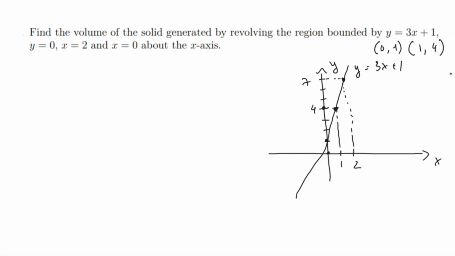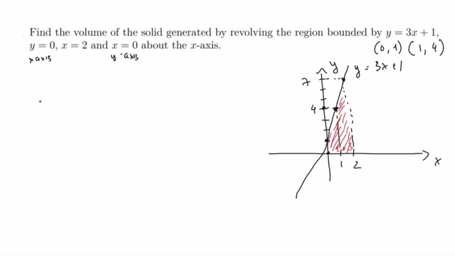So x equals 2 and x equals 0, where x equals 0 is the y-axis, and y equals 0 is the x-axis. So it's going to be this area. We have to find the volume of the solid generated by this region.